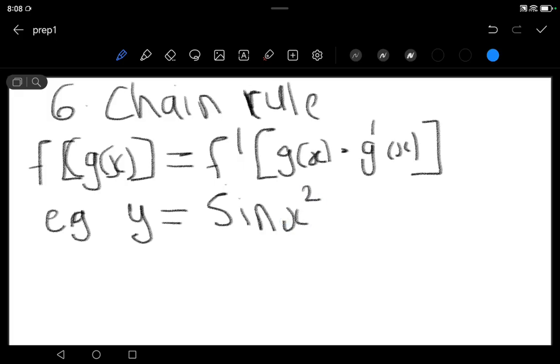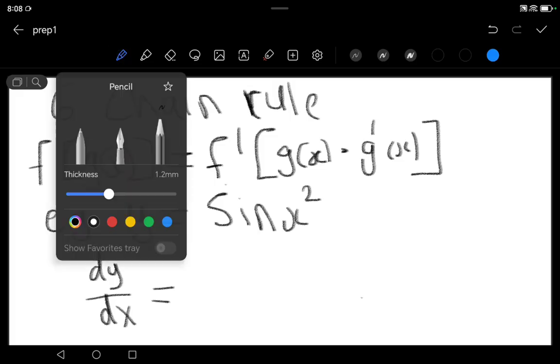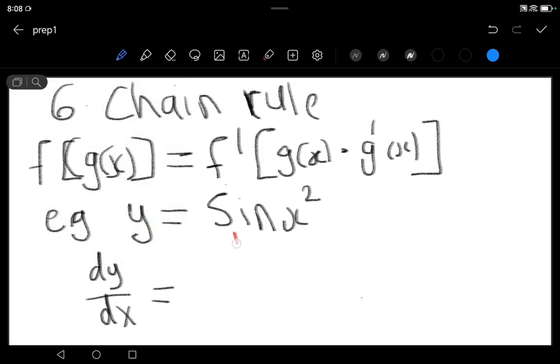They say derivate this. So how are we going to derivate? dy over dx equals, remember, f prime of g of x multiplied by g prime of x. Our f here is sine, and our g is x squared.